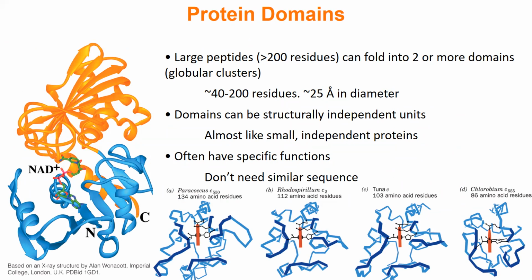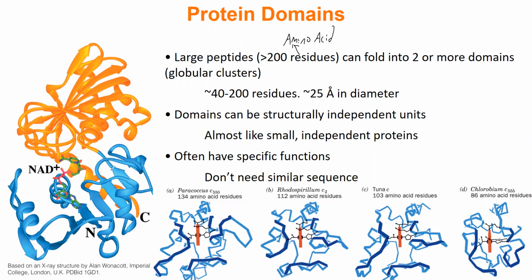And by the way, when you're talking about proteins and you see the word residue, that's just a fancy way to say amino acid. So proteins that are over 200 amino acids can fold into different clusters, globular clusters or domains.